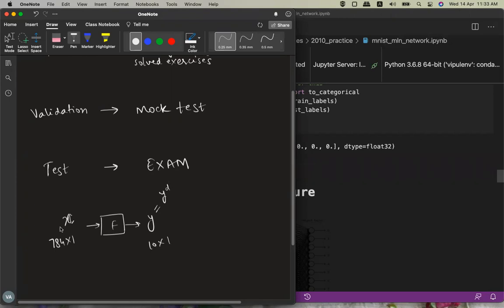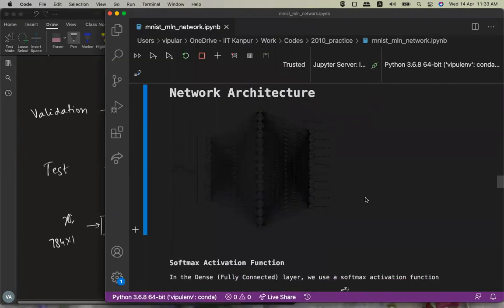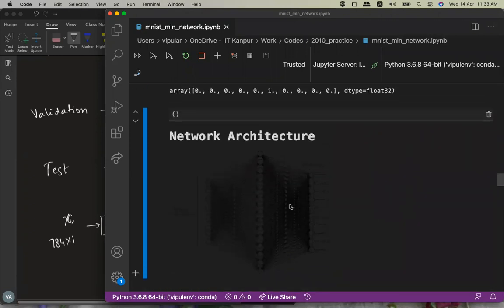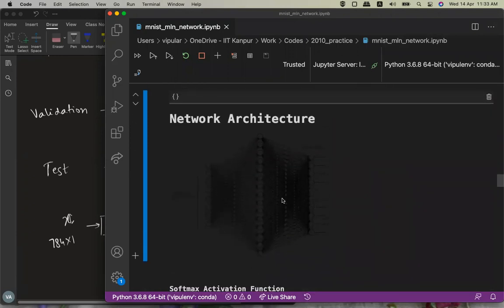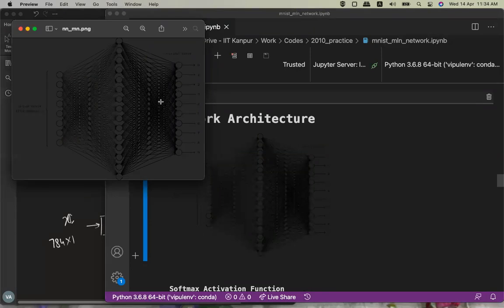Now I have to come to my neural network, the function, which is converting this. So my function is basically, it looks like this. It is a little bit dark. Oh, why is it dark?